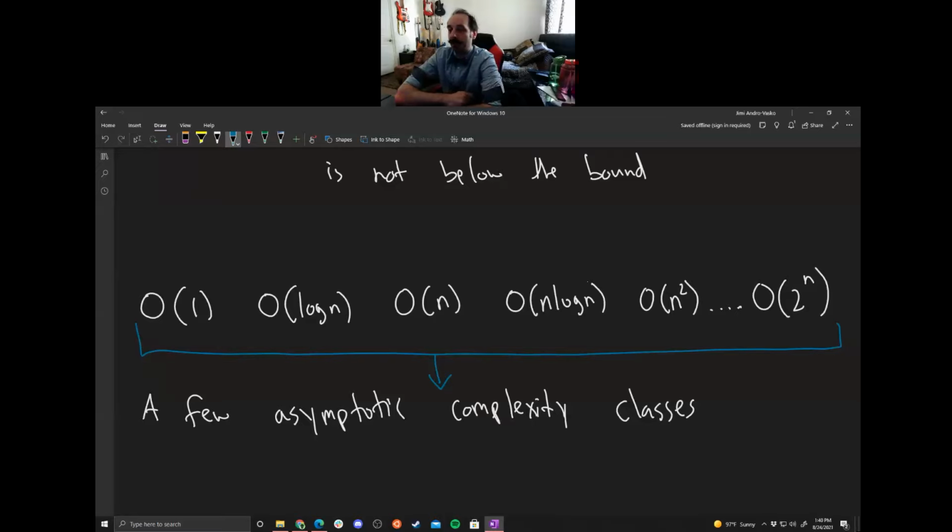Now, one question is, for O of log n, what's the base of that log? I'll explain that in a little bit, but for now, we'll just pick a base. All the functions in O of n have a bigger growth rate than log n, which means it's a slower algorithm.